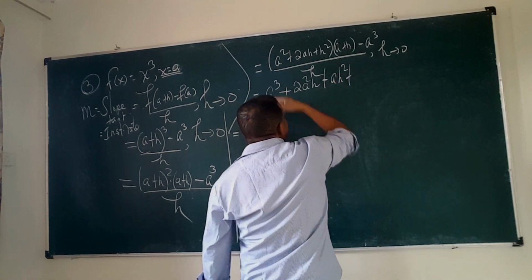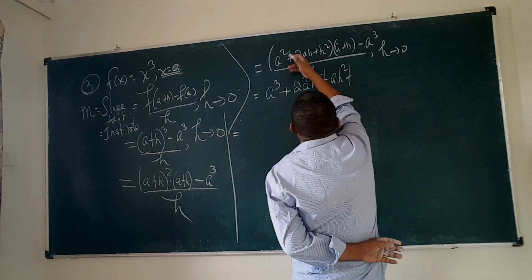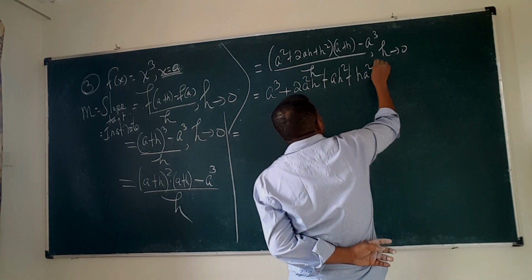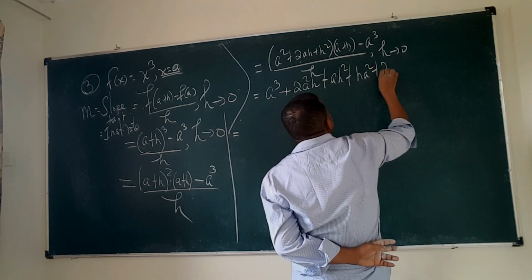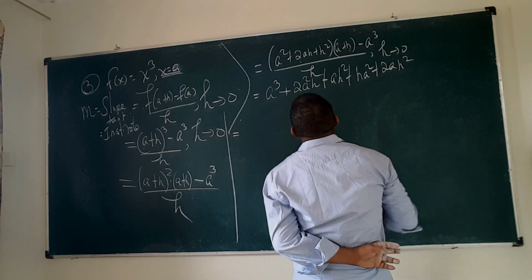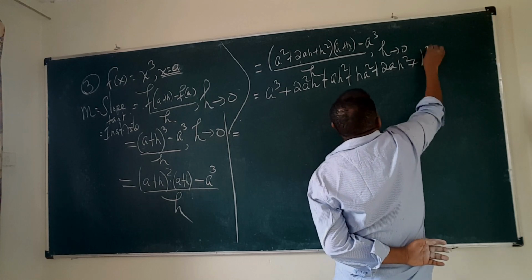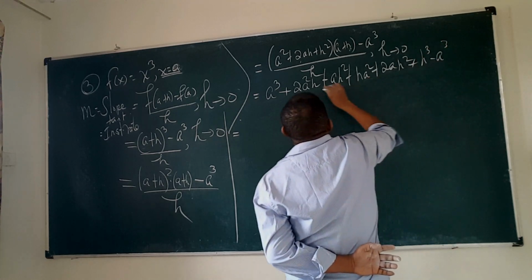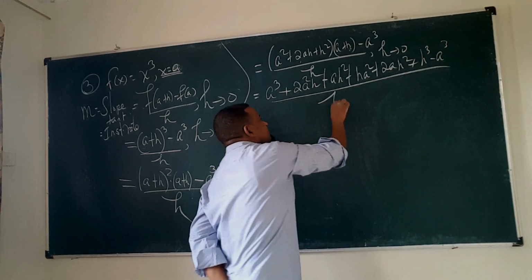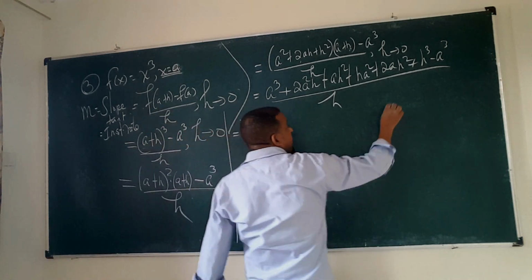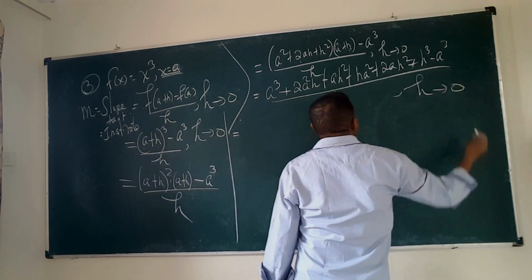Then h times a squared is ha squared, h times 2ah is 2ah squared, and h times h squared is h cubed, minus a cubed, over h, when h is approaching 0.